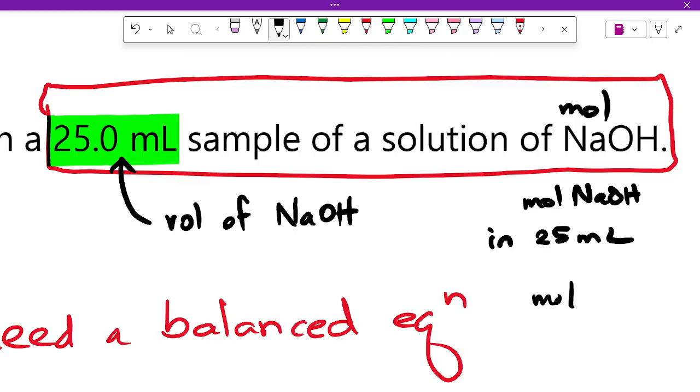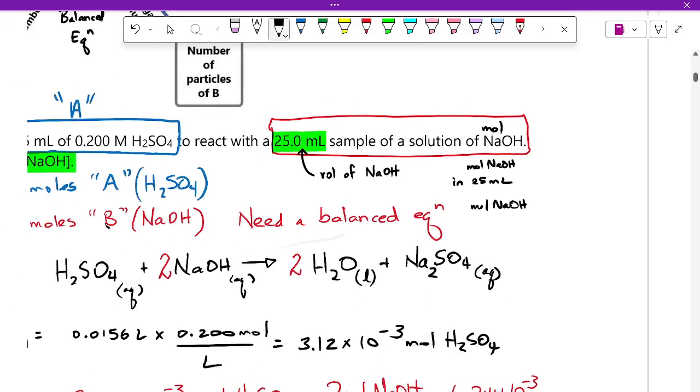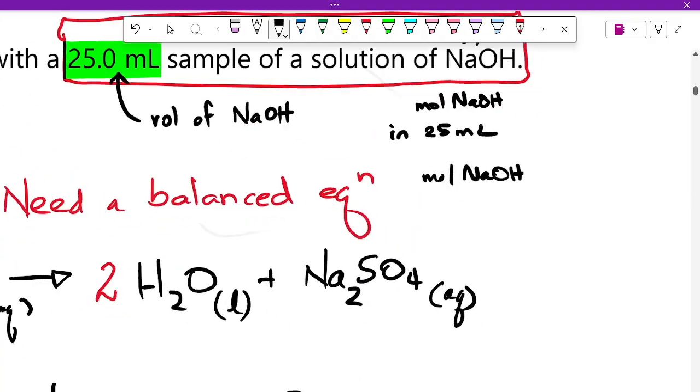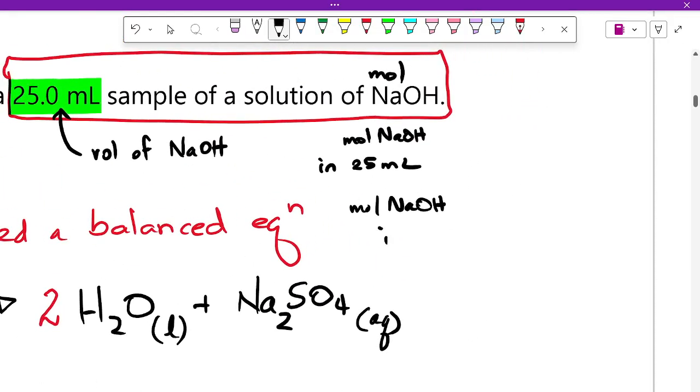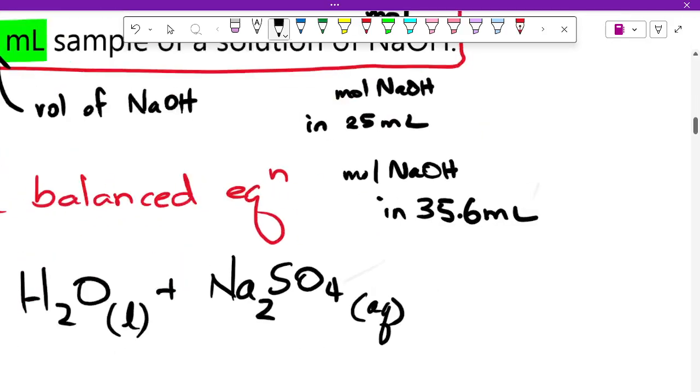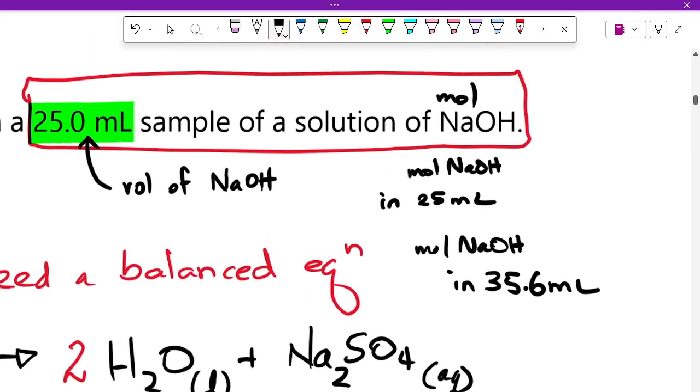Or do I want my moles of NaOH in 35.6? Which one makes sense?